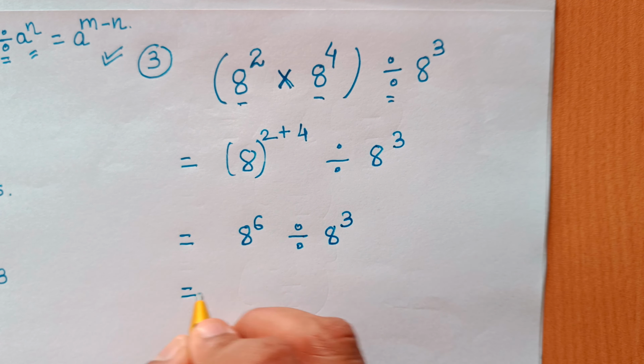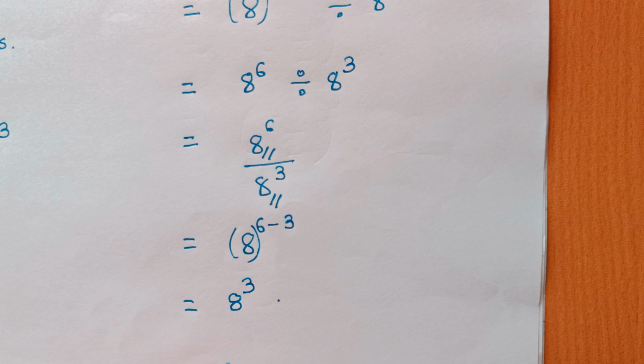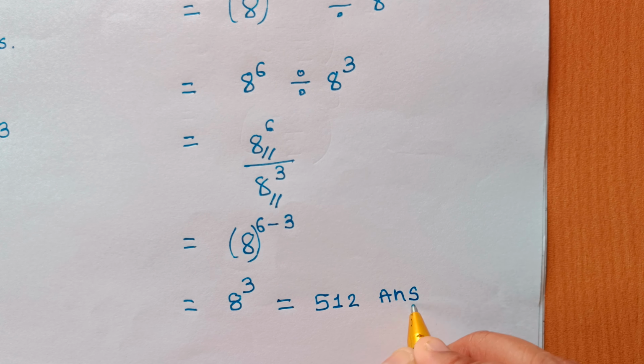Here the base is the same, so in division we subtract the powers. Therefore 8 raised to 6 minus 3 is equal to 8 cube. So children, 8 cube is equal to 512, which is our answer.